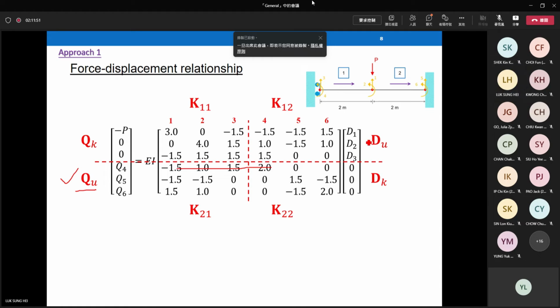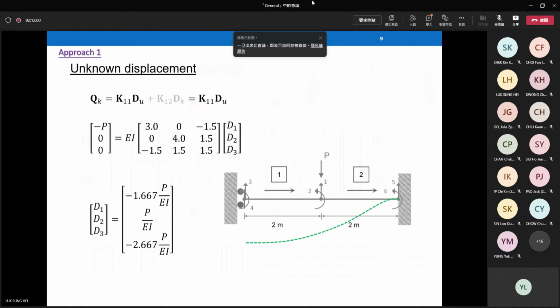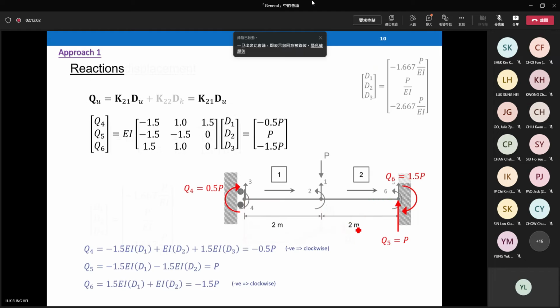K21 times dk and du, then you can get all the reactions, Q4, Q5, and Q6. You can use matrix multiplications, or you may consider 3 separate equations. Matrix is nothing, right? Just a group of equations, put systematically together. You can always convert them back to 3 different equations.